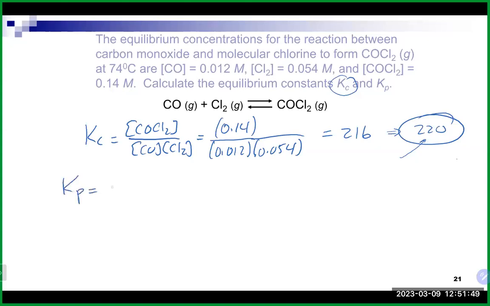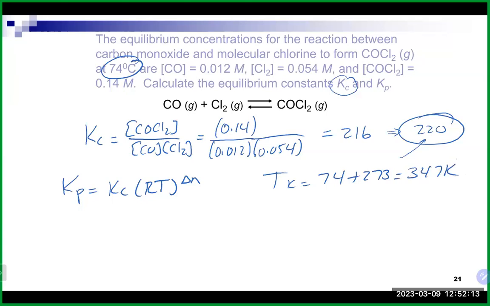which is Kp equals Kc times (RT) to the delta n. So we do need to do a couple of things here. First off, our temperature is not in Kelvin, right? So we have to convert that to Kelvin. Again, that's adding 273 on that conversion, and that's going to give us a 347, I think.